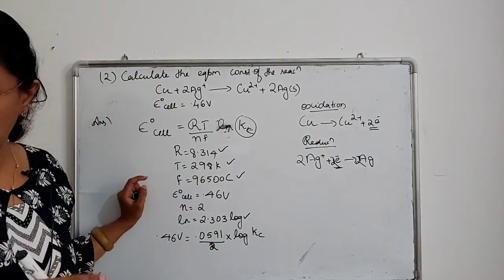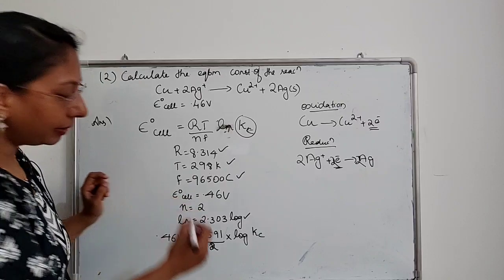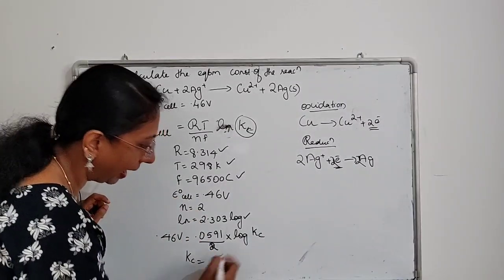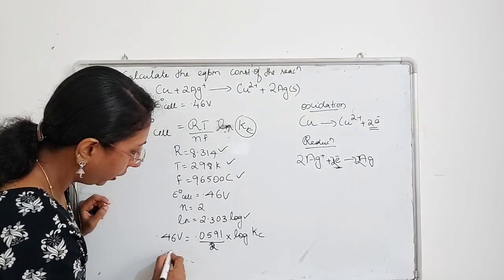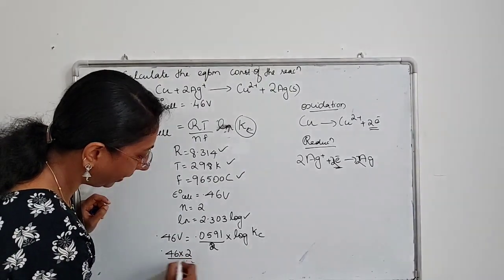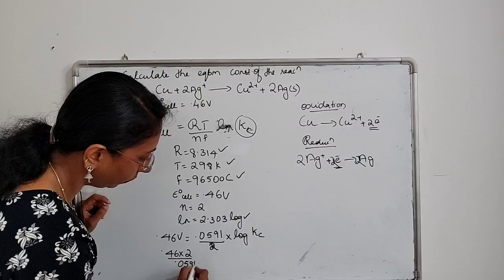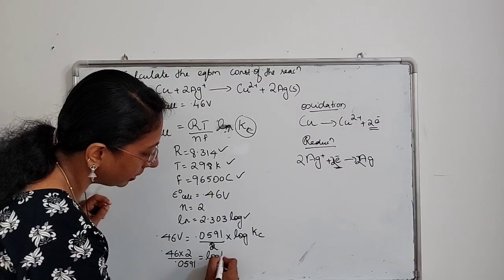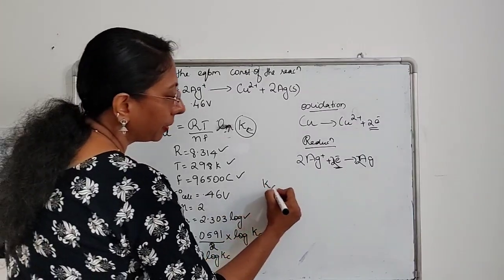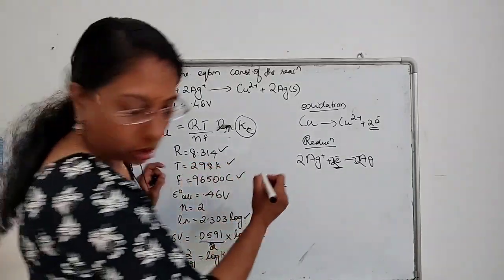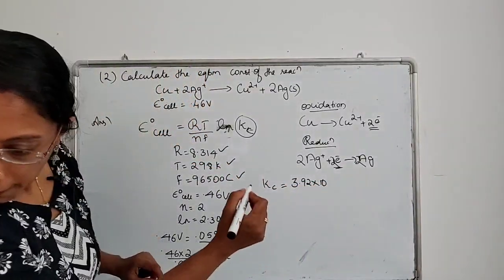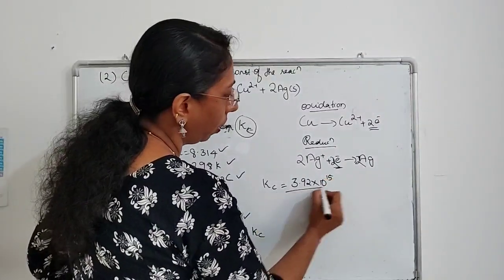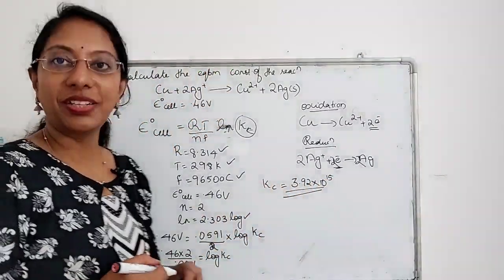Or I can write that 0.46 into 2 divided by 0.0591 will be log Kc, and by solving, Kc is equal to 3.92 into 10 raised to 15. So we got the equilibrium constant value.